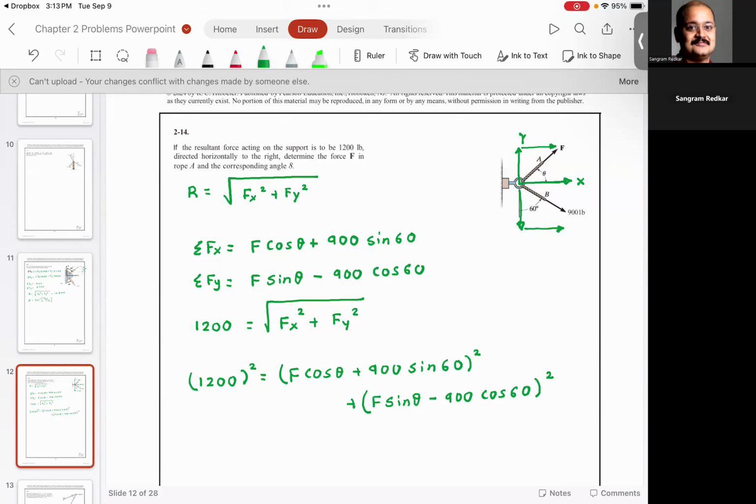When you solve this problem, please understand you have two equations and two unknowns, so you should be able to find the value of F and the value of theta.